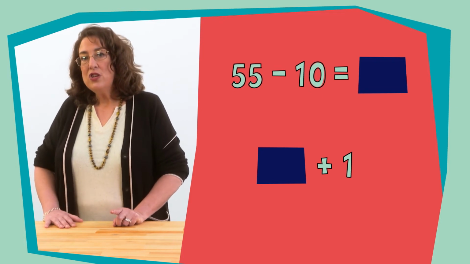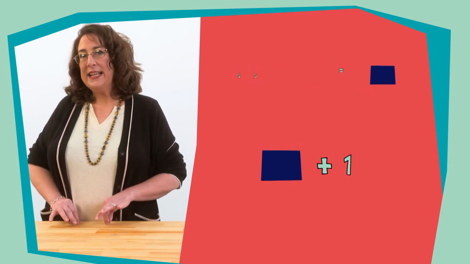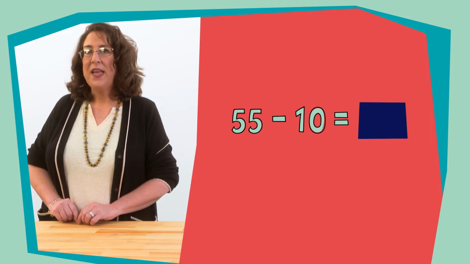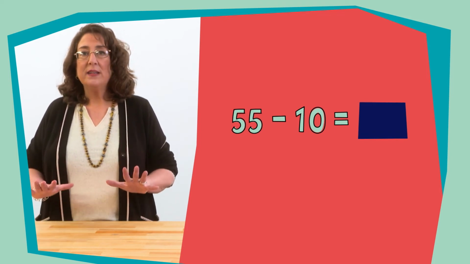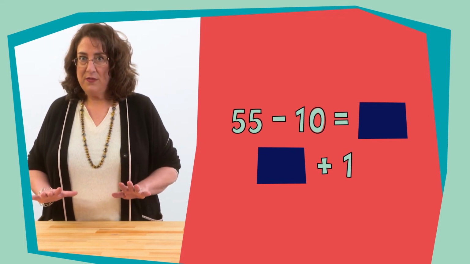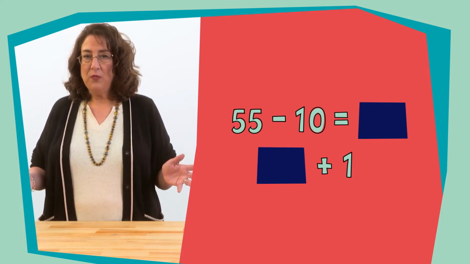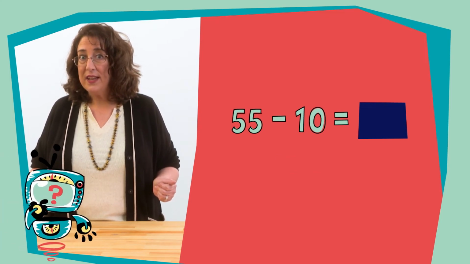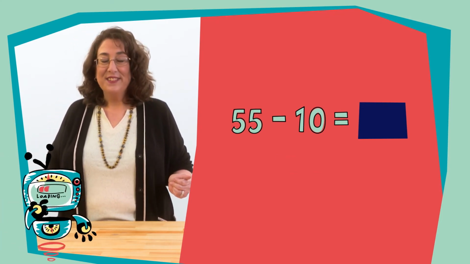So, you want to pretend our equation is 55 minus 10 equals blank. That's great, but we can't forget to adjust our answer afterwards. So, 55 take away 10 is what? 45.